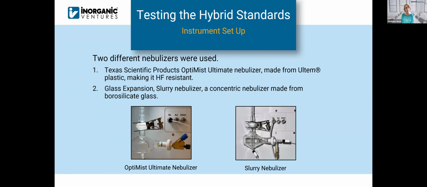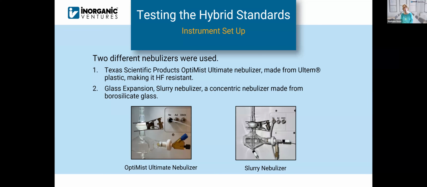It's a concentric nebulizer made from borosilicate glass. We were delighted with the results that we got from both of these nebulizers. Both nebulizers are made for this kind of testing, for oils testing. Both of them have a high tolerance to particulates.